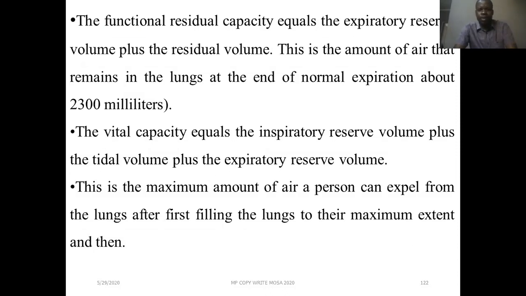This is the maximum amount of air a person can expel from the lungs after first filling the lungs to their maximum extent. So from the 3,500 mL that a person can breathe in, what will come out during the expiratory process is about 2,300 milliliters.